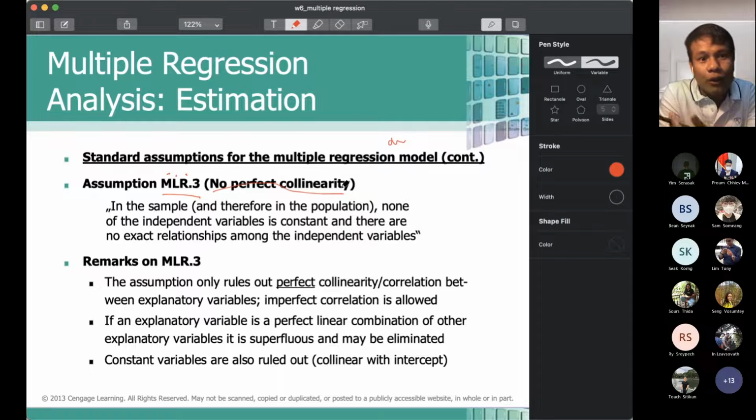So the assumption is that there is no perfect correlation between 2 independent variables. In the sample, none of the independent variables is constant, and there are no exact relationships among the independent variables. I will give you an example next.